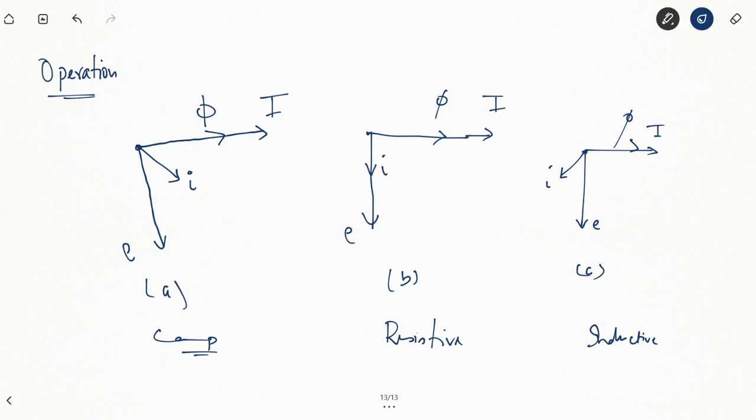So in all the three cases, the deflecting torque that will be applied will be proportional to cos of 90 plus alpha.